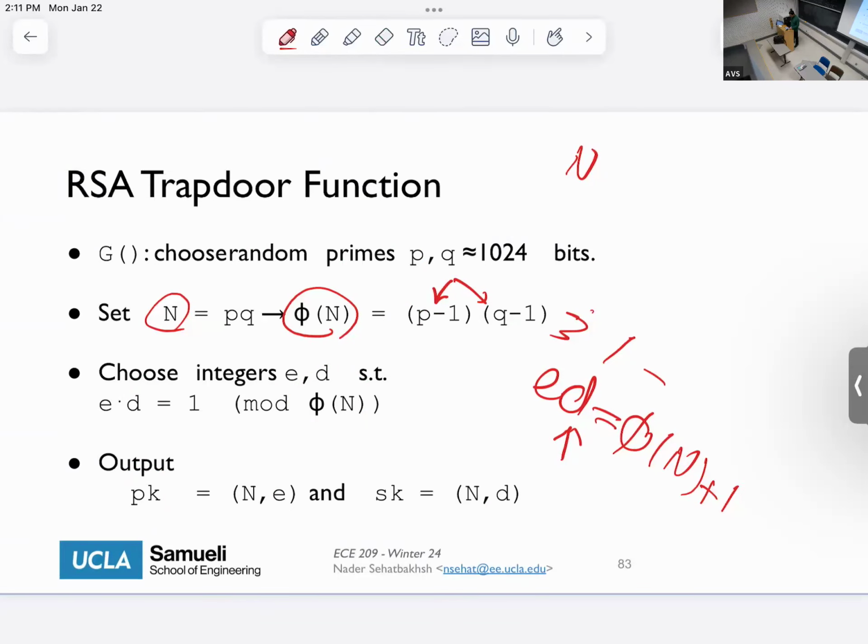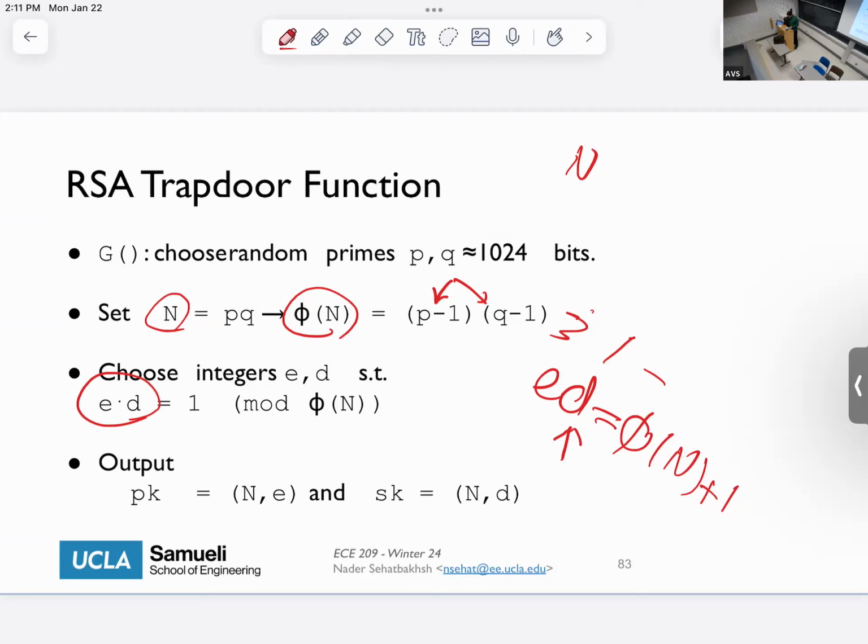So how do we pick d and e? d and e should be chosen such that e times d modulo phi of n is equal to 1. In other words, e times d times some factor should be equal to phi of n times some factor plus 1. So if I divide e times d by phi of n, the remainder should be equal to 1. That's the definition.